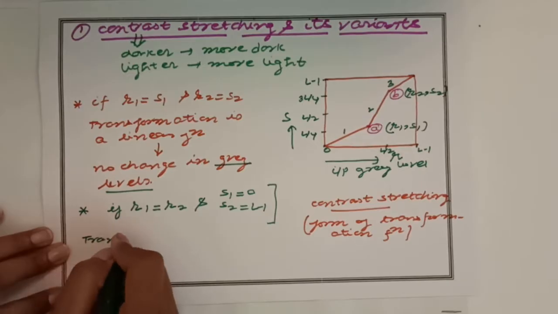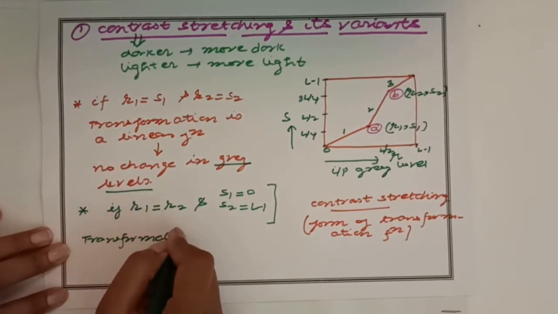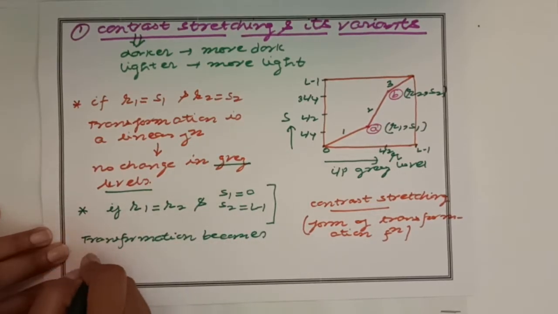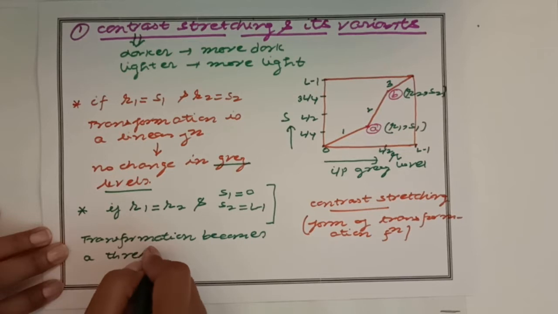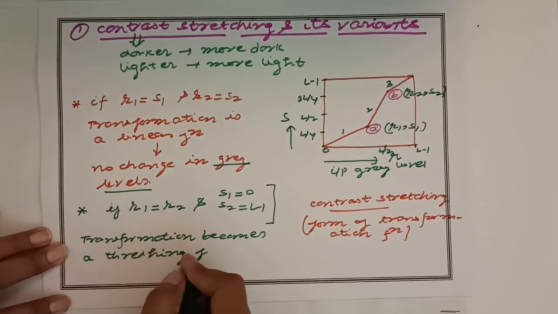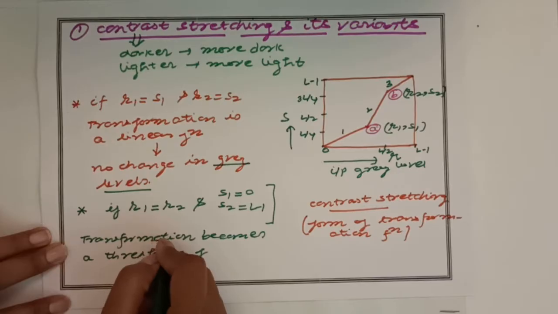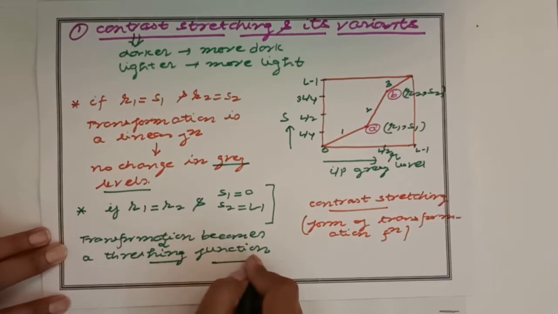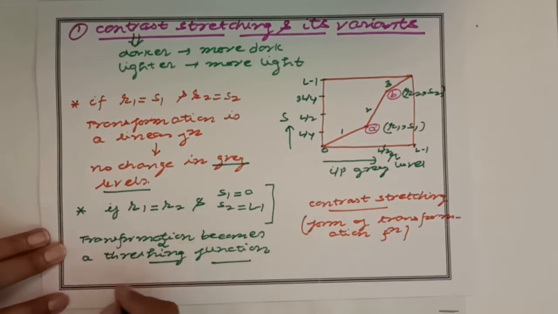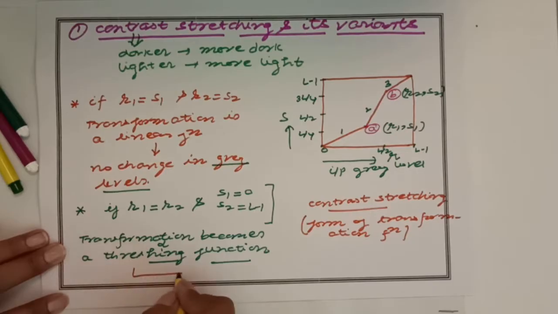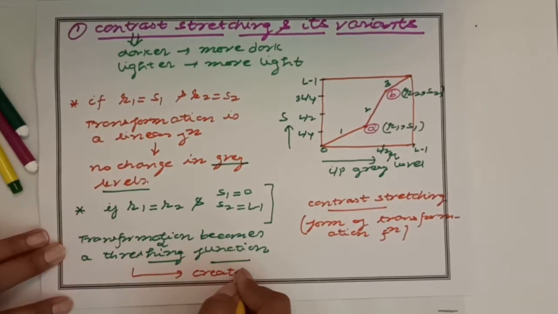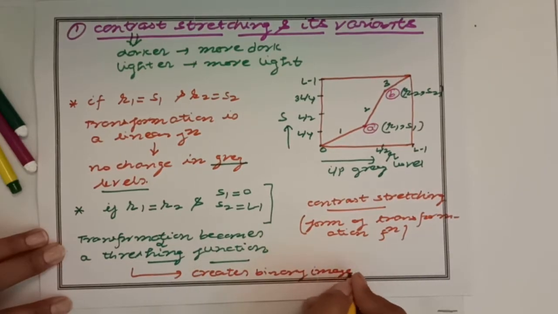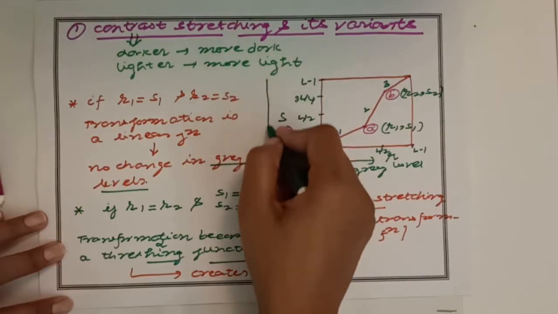Here the transformation becomes a thresholding function, which creates a binary image.